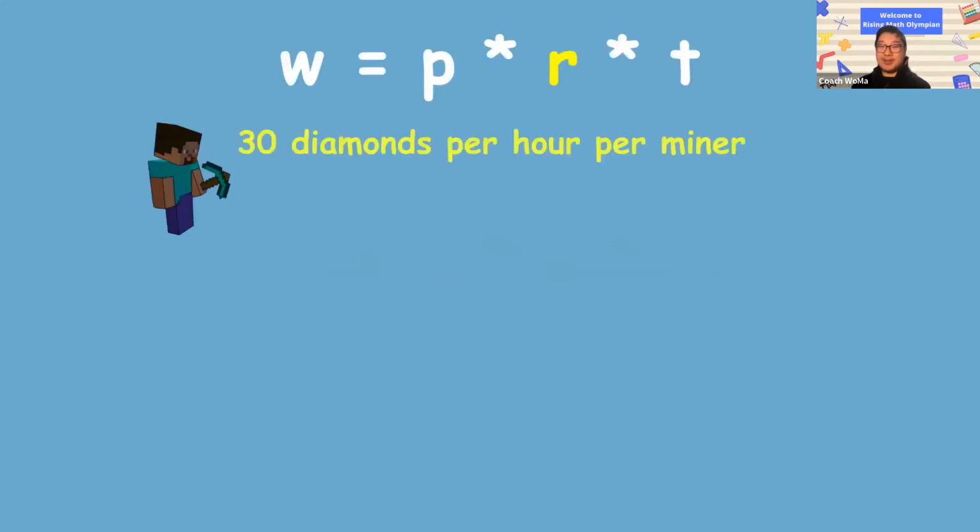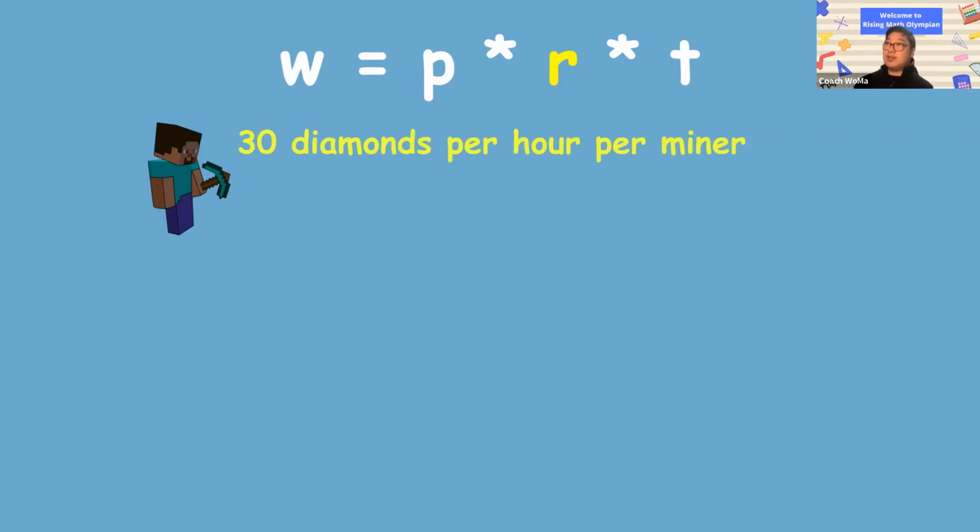So I know that a very popular game is Minecraft. In this case, rate would be some type of amount of output, and you can think of work actually as output. So in this case, work could be the number of diamonds that you make, but rate is now something like the amount of output per time and per person.